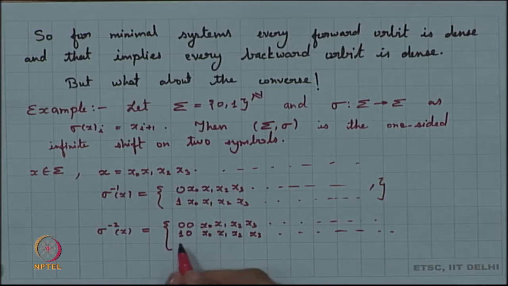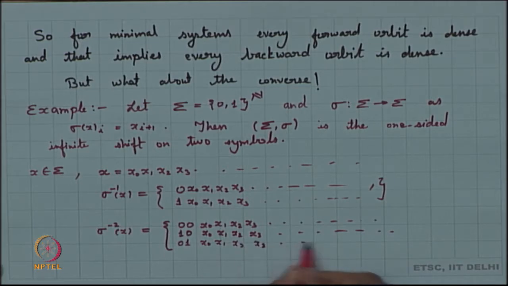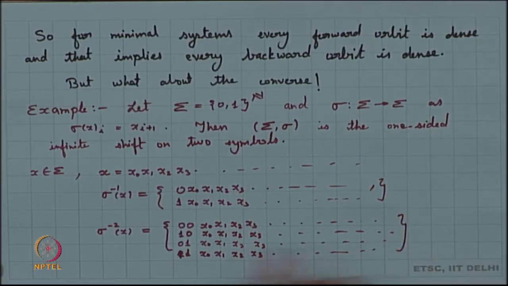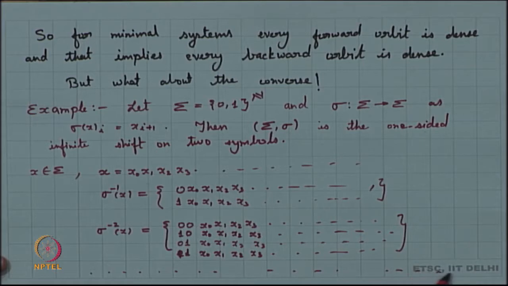And then I have the second point, 0 1, x0, x1, x2, x3, and the fourth point is 1 1, x0, x1, x2, x3 and so on. So, basically I have this set which is sigma minus 2 of x. I can continue this, basically defining the backward orbit of x.